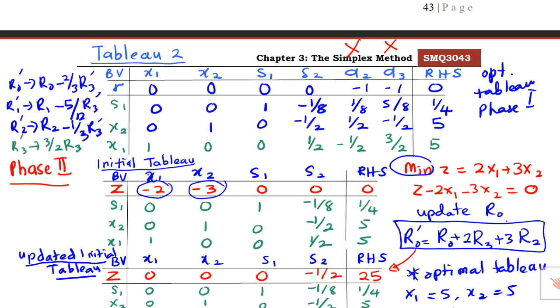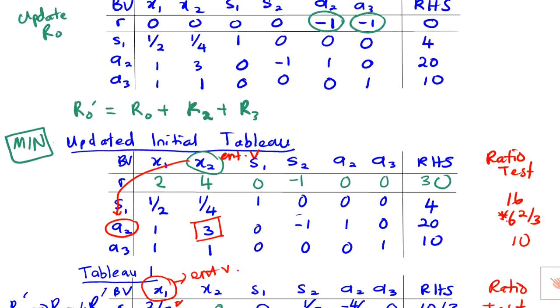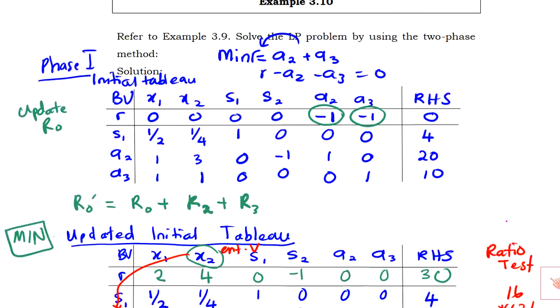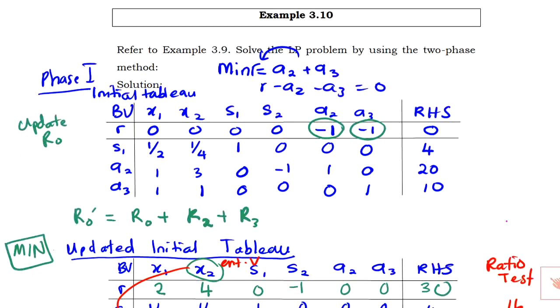So as a conclusion, for the two-phase method, what we need to do is change the objective function by minimizing r, which equals the summation of all artificial variables.